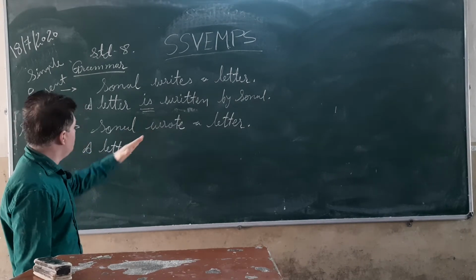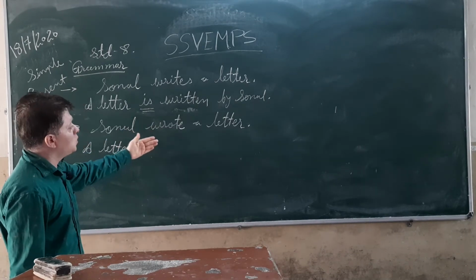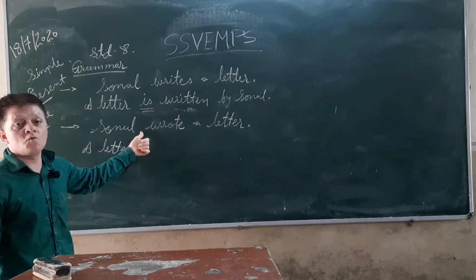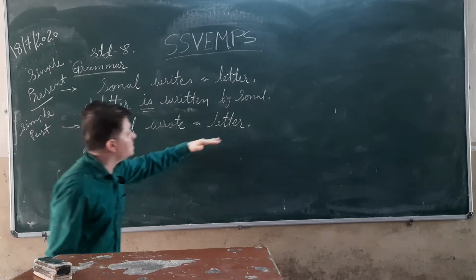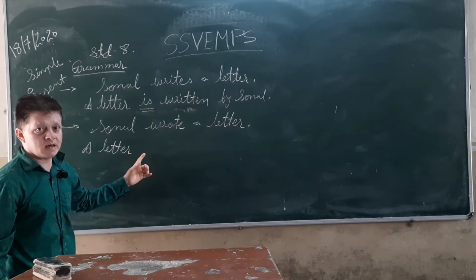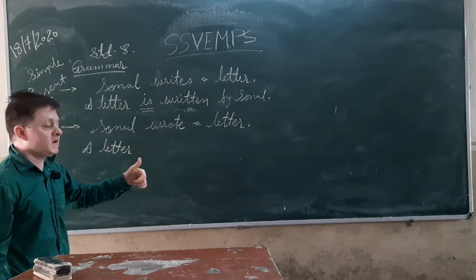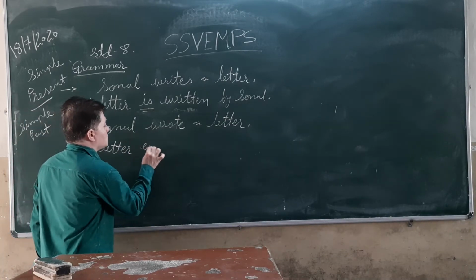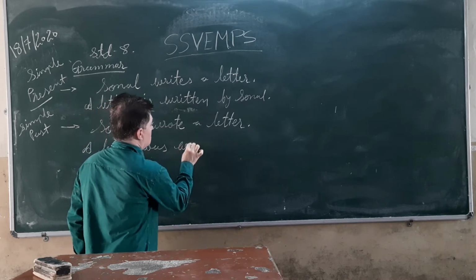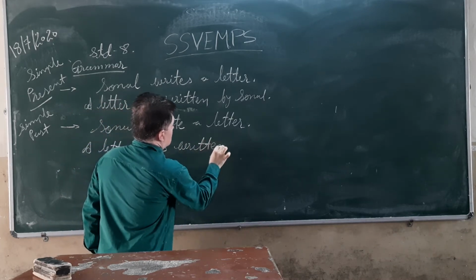But here in the past tense we have to use the past form of to be, was and were. If the letters are plural, we use were, W-E-R-E, but it is one letter, so we use was as the form of to be. A letter was written.